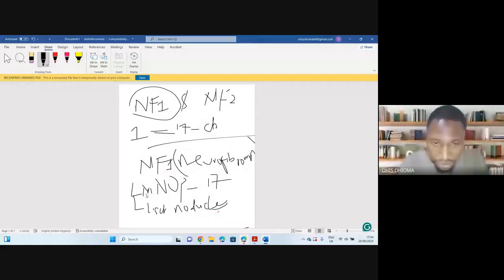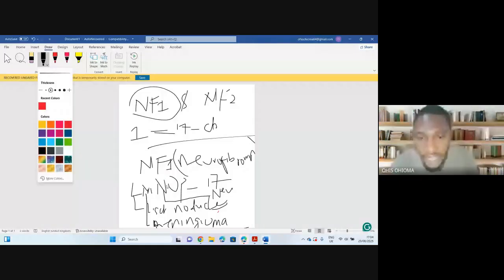The M stands for what? It stands for meningioma, right? A meningioma. The N stands for neurofibromin or neurofibroma.